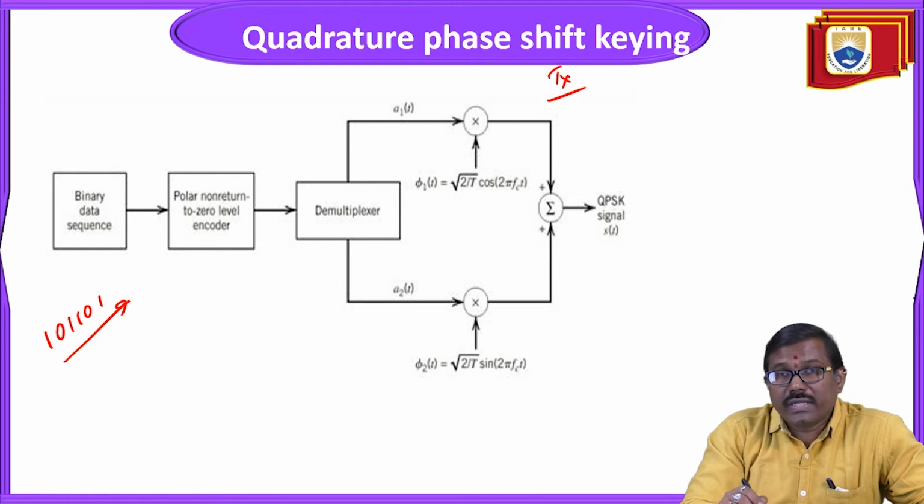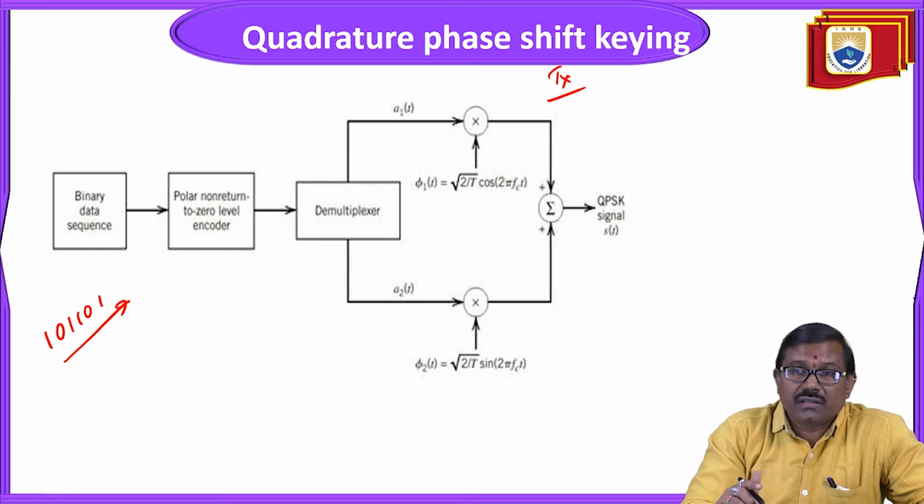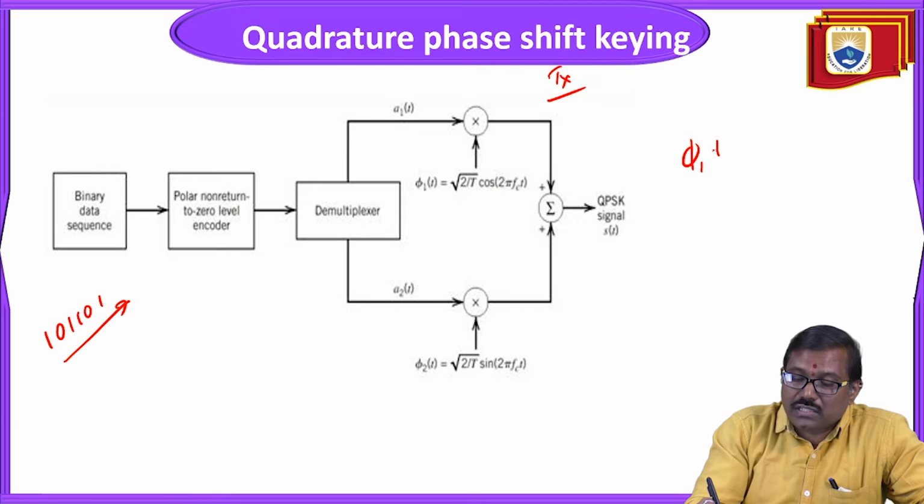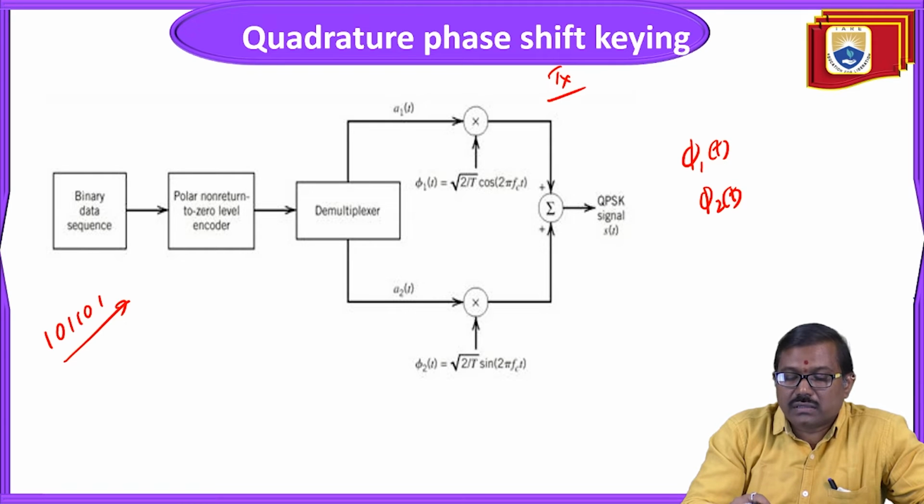So here we represent this s of t by using two basis functions, phi 1 of t and phi 2 of t. Phi 1 of t is equipped with the upper channel and phi 2 of t is equipped with the lower channel. And these two outputs are added by using a summer. Then we produce the required QPSK signal.